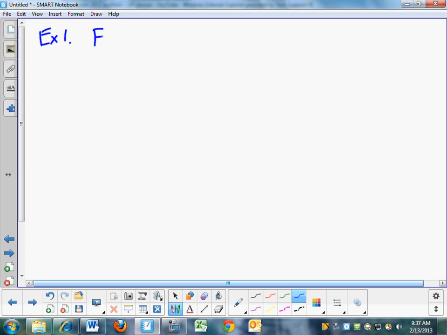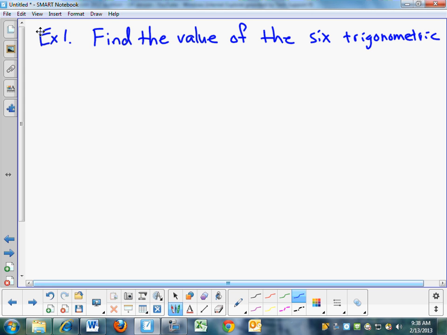Example 1, find the value of the 6 trigonometric functions given t equals pi over 2. That's like 90 degrees, dude. Yep, exactly. Good for you.